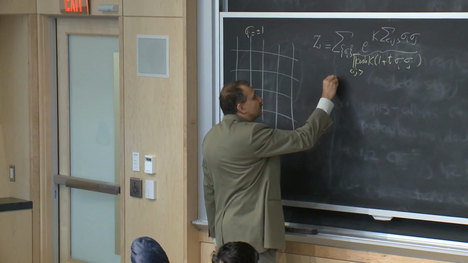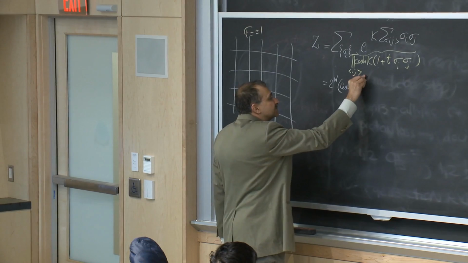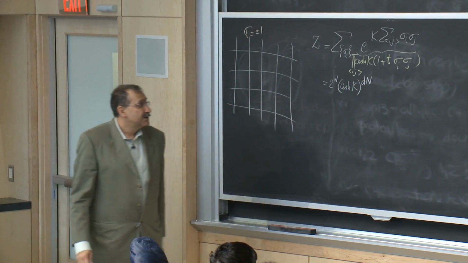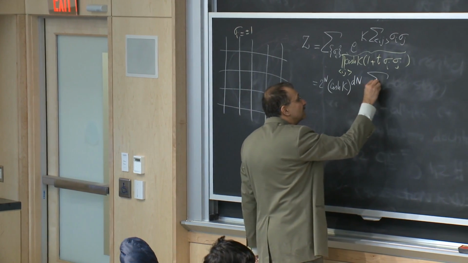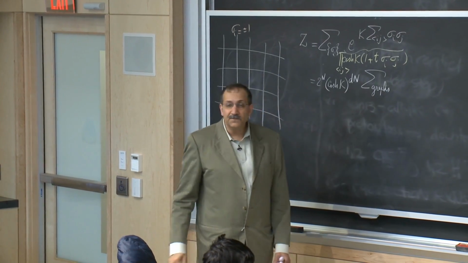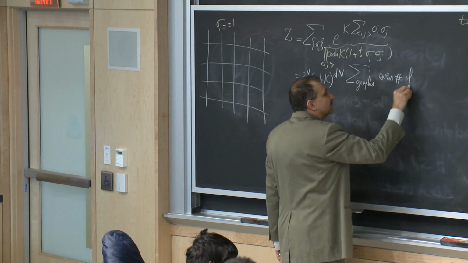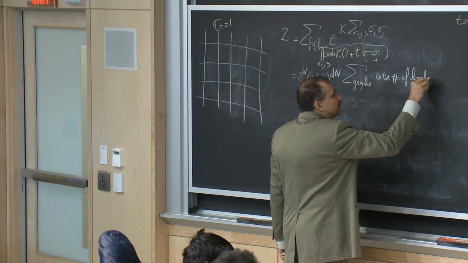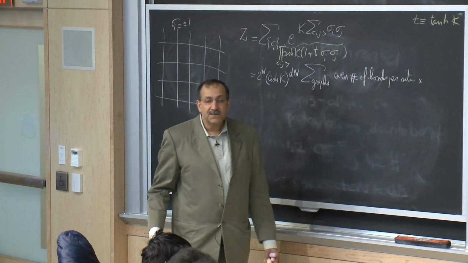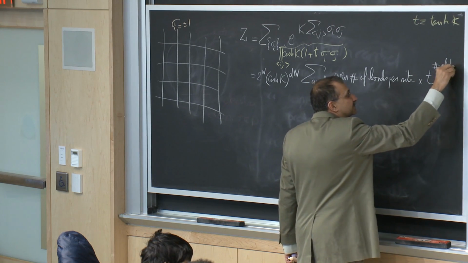And we rewrote the whole thing as 2 to the n cosh K to the number of bonds, which for a hypercubic lattice is dn, times a sum over graphs where we had an even number of bonds per site. The contribution of the graph was basically t to the power of the number of bonds.